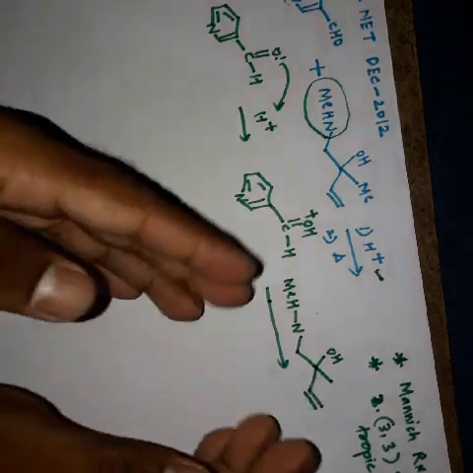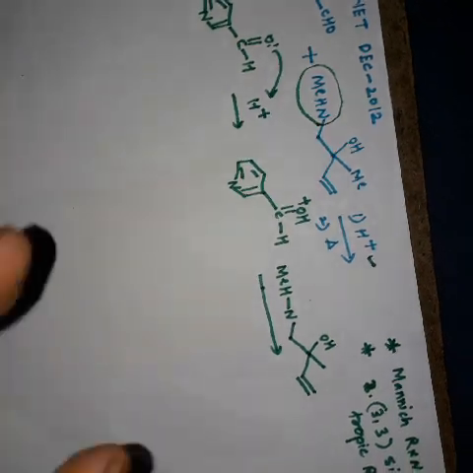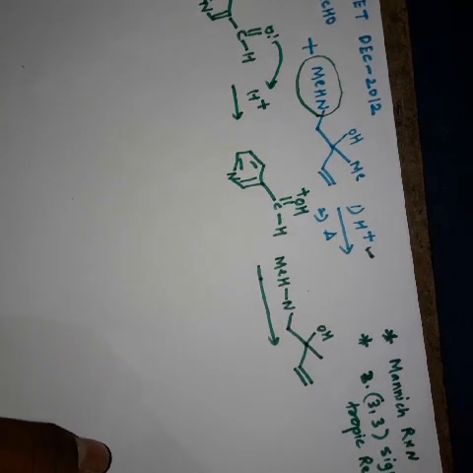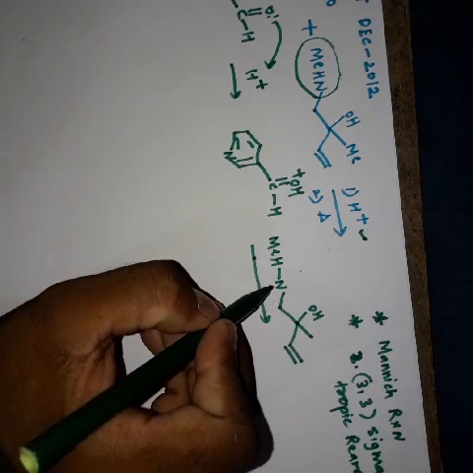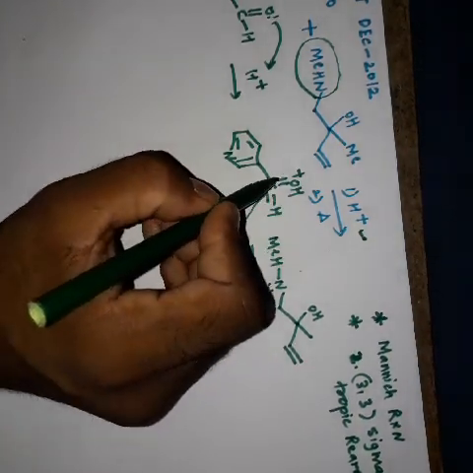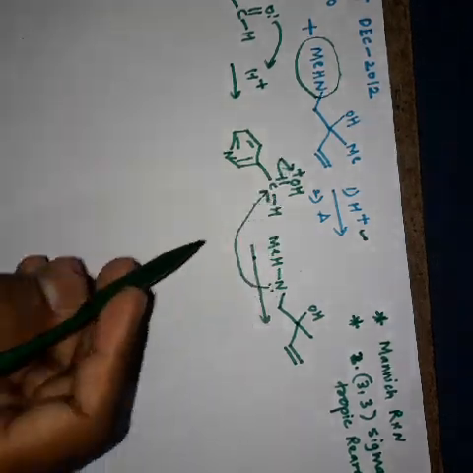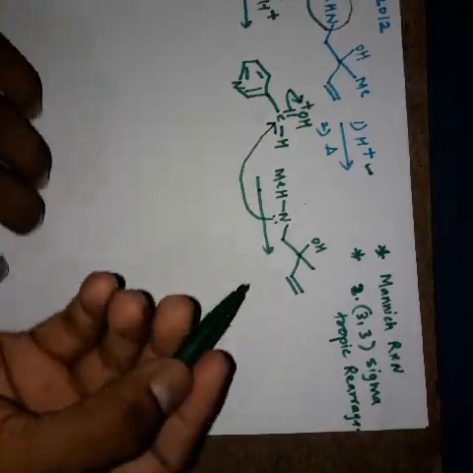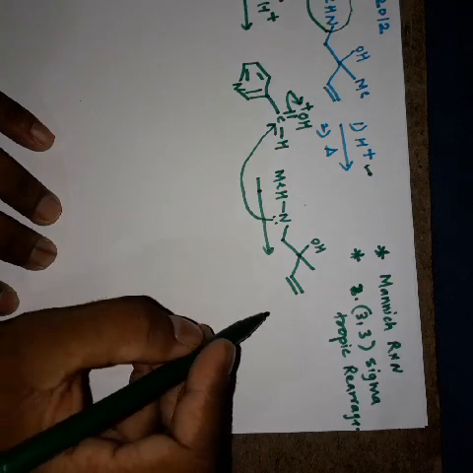See, the base is given in a very weird kind of structure, but we need to find out what kind of setup is there. So now this is a nitrogen containing lone pair. This will attack at this carbon because it is electrophilic in nature, and meanwhile the positive charge will get stabilized or neutralized.